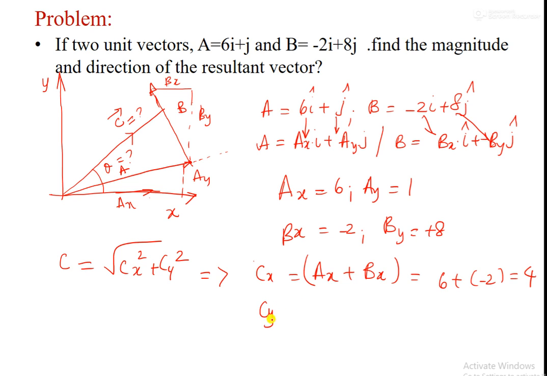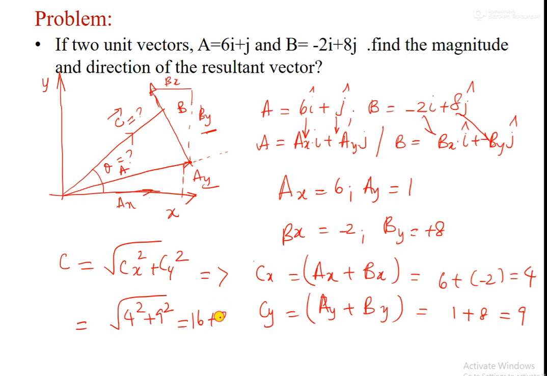Similarly, Cy is equal to Ay plus By in the direction of j. Ay is equal to 1 plus 8, that is equal to 9. So here we just substitute 4 square plus 9 square, that is equal to 16 plus 81.